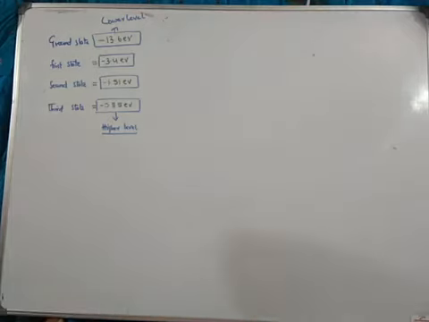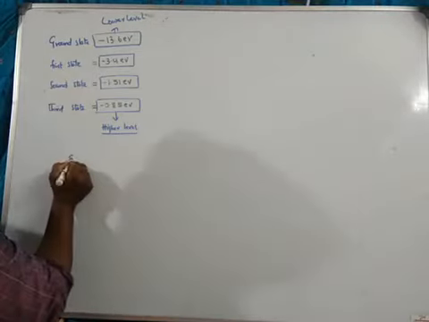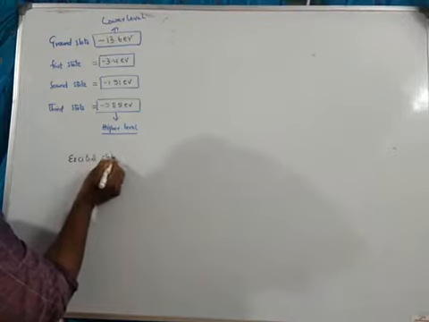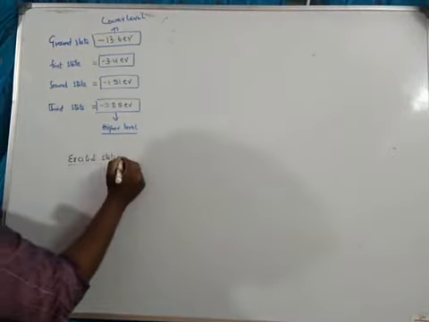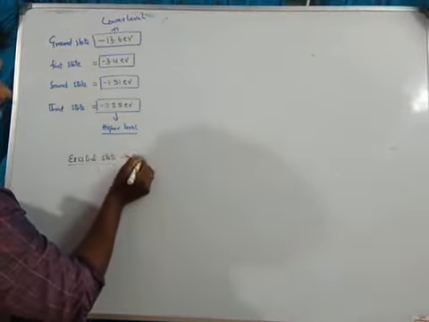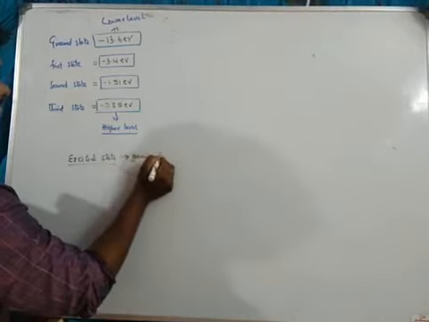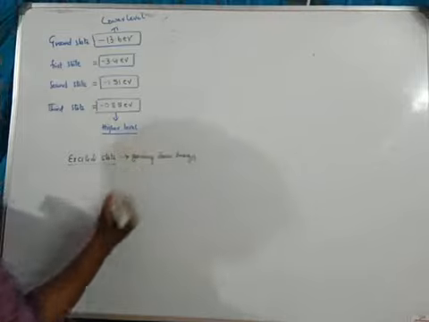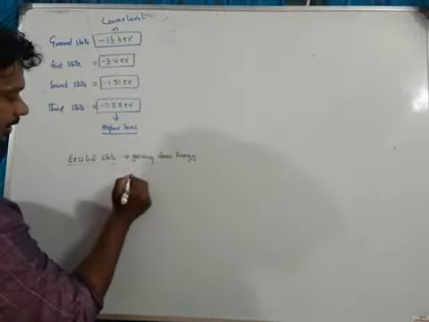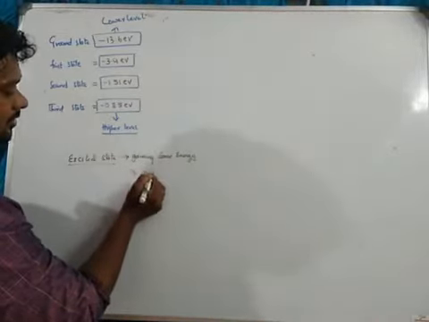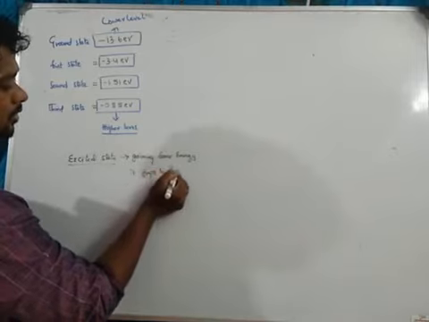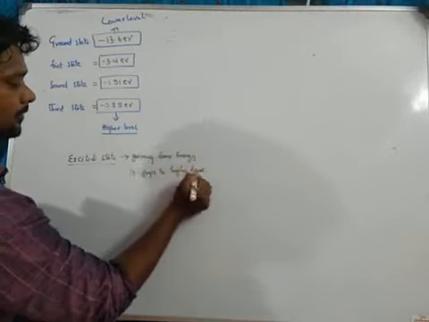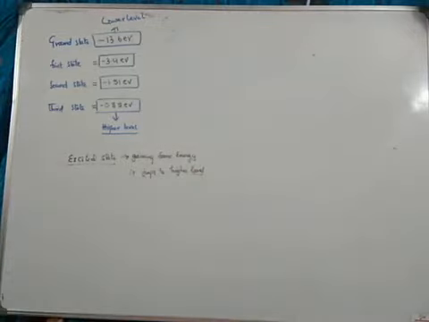So already we defined the excited state. Excited state means whenever it is gaining some energy, it jumps to a higher level. This is the definition of excited state.